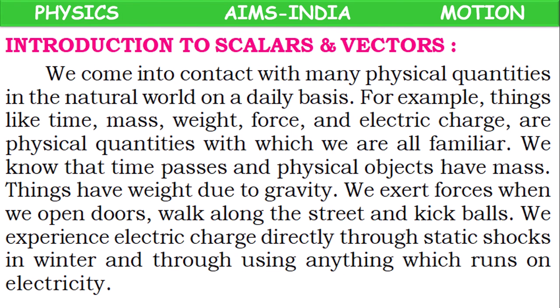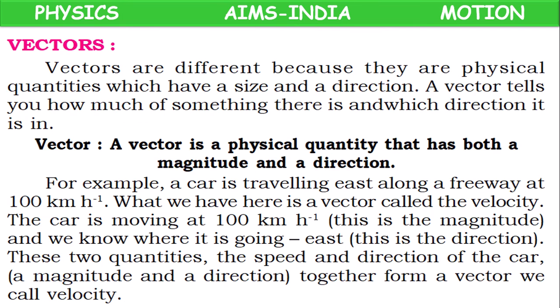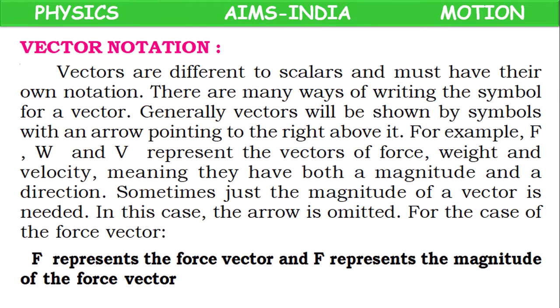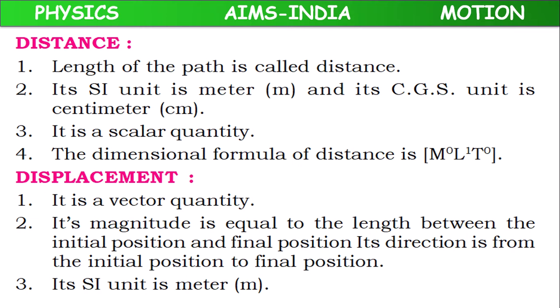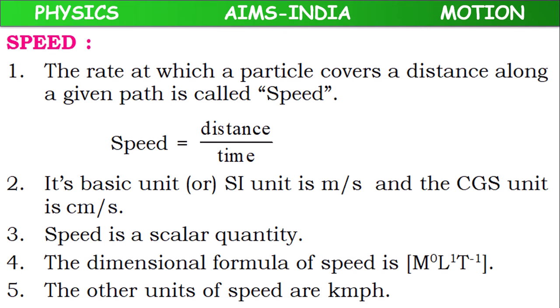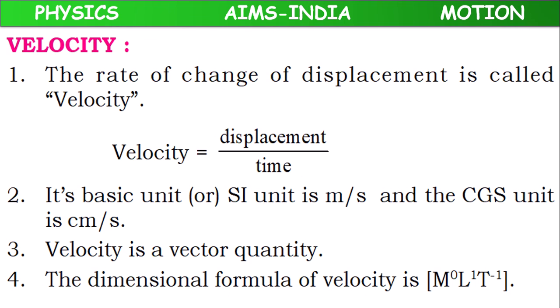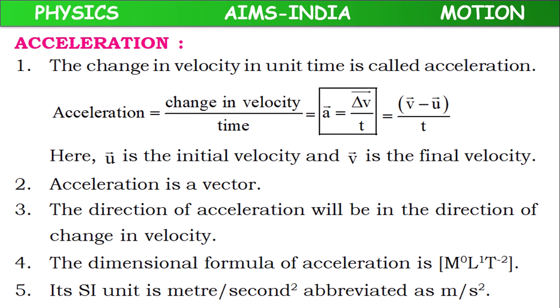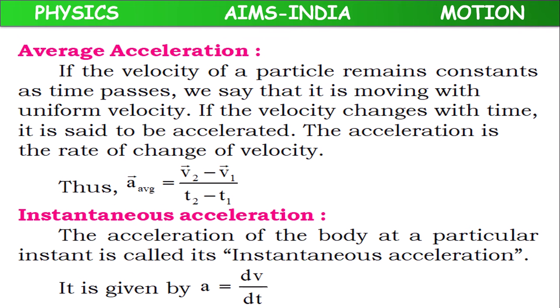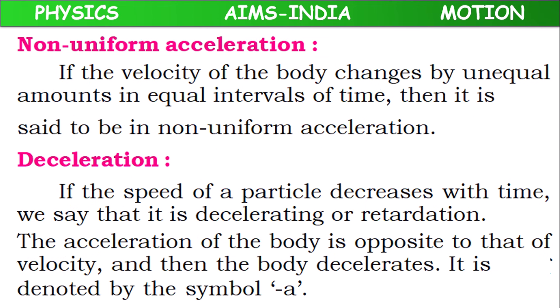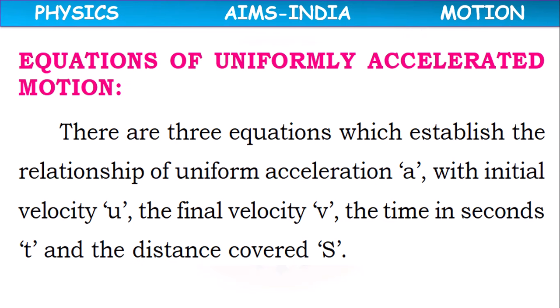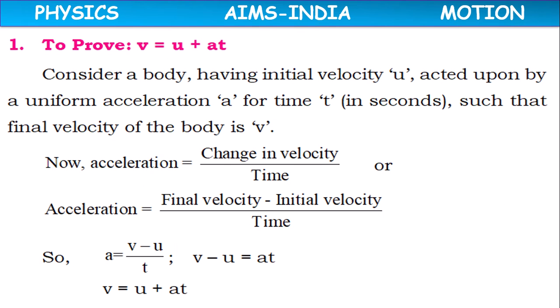In our previous videos, we learnt about scalars and vectors, their examples, vector notation, types of vectors, and distance, displacement, speed, velocity, change of velocity, acceleration, average and instantaneous acceleration, uniform or constant acceleration, non-uniform acceleration, deceleration, and equations of motion.